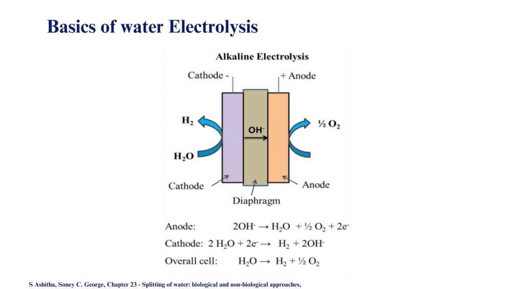At the anode, due to the splitting of water, the OH⁻ ions travel towards the positive anode electrode, where they generate oxygen as a gas and water as a molecule with the production of 2 electrons.